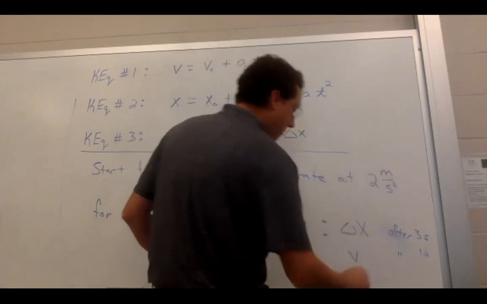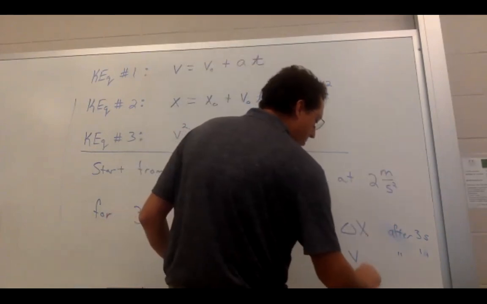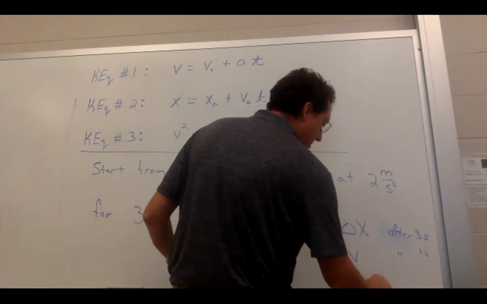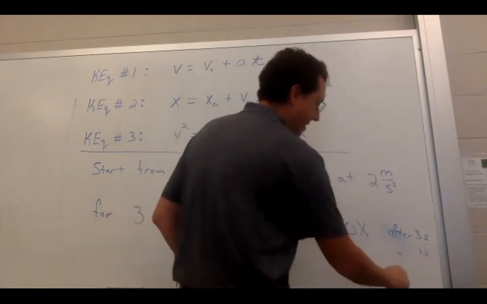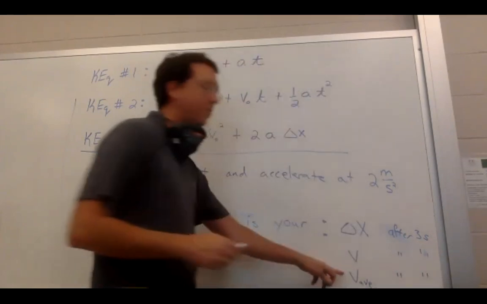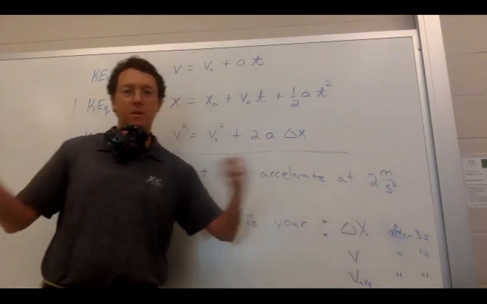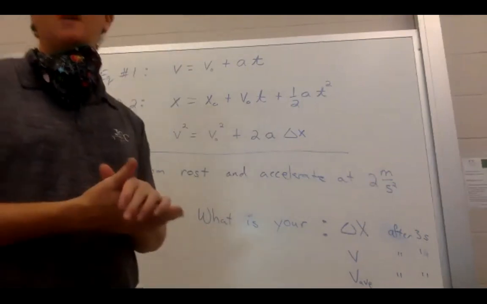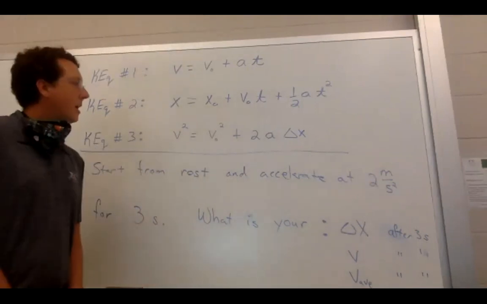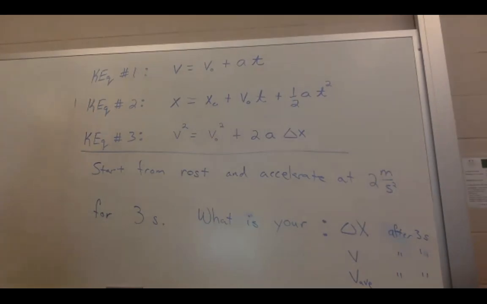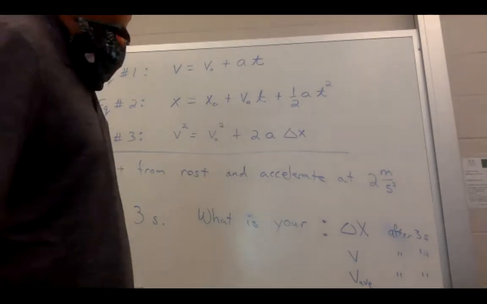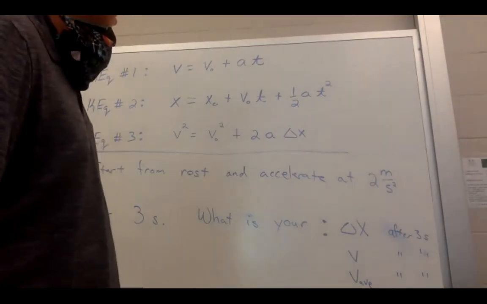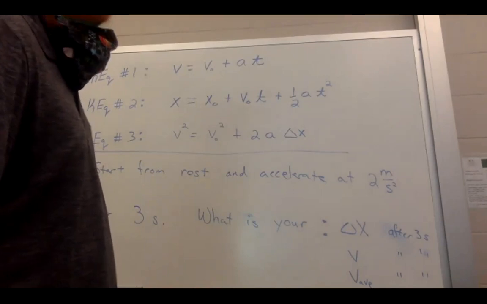And what is your average velocity after 3 seconds? So average velocity over that whole time interval from 0 to 3 seconds. Okay, so take a second and see if you can figure these out. And then we'll do that.